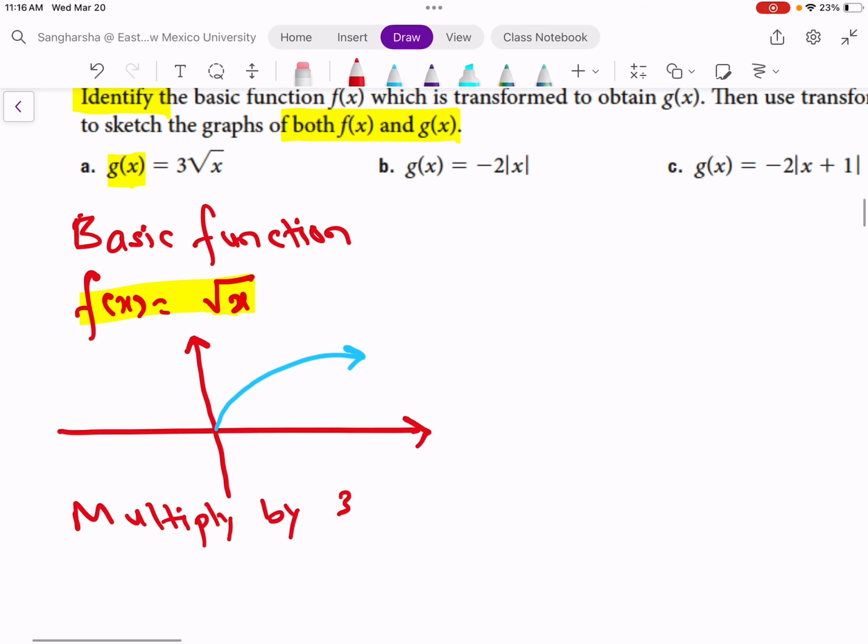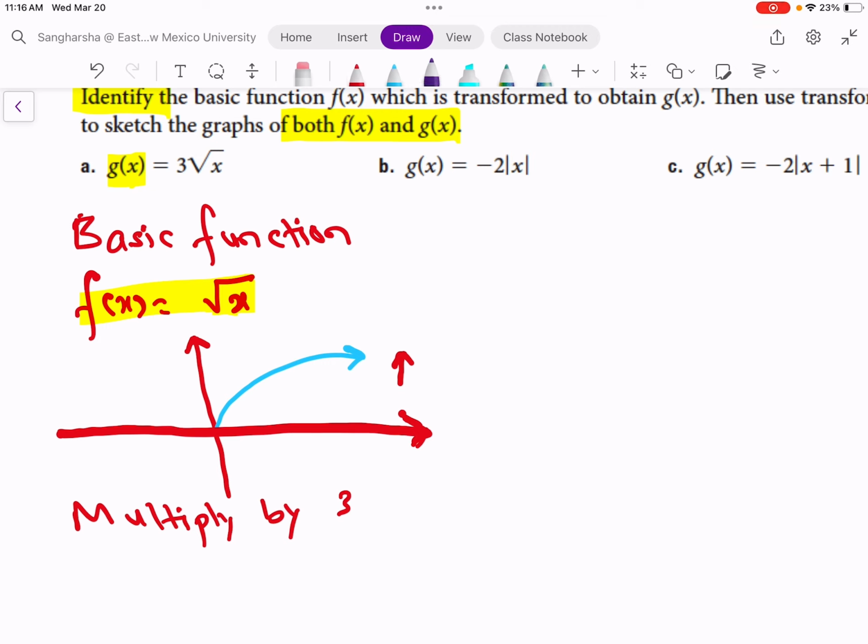Now what would be the graph here? How can we stretch this? We have to stretch this graph vertically away from the x-axis. This is our x-axis, and we need to stretch this graph away from it. What would the final graph look like?